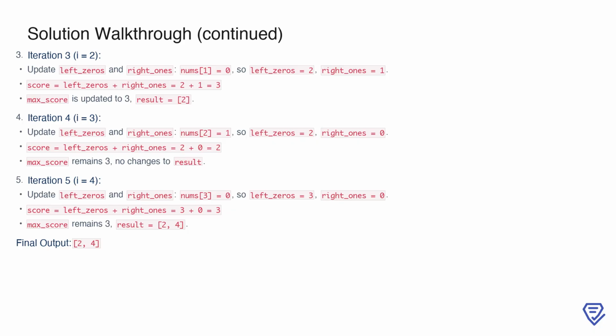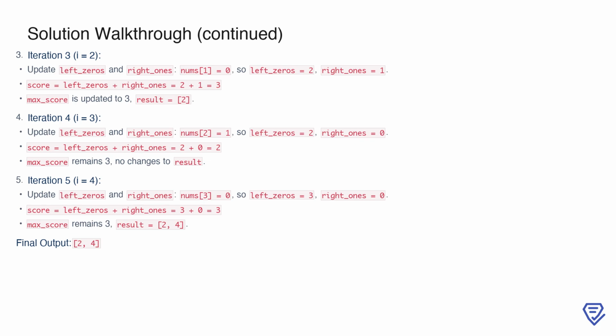For iteration 4 at i equals 3, nums[2] equals 1 is processed, so left_zeros stays at 2, but right_ones decreases to 0 as the 1 at this index is now part of the left side. The score becomes 2 plus 0 equals 2, which does not exceed the current max_score of 3, so no updates are made to the result.